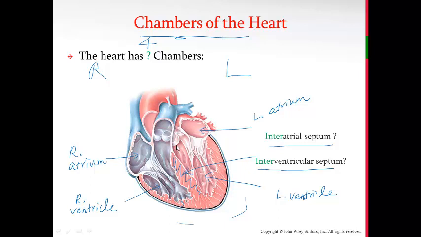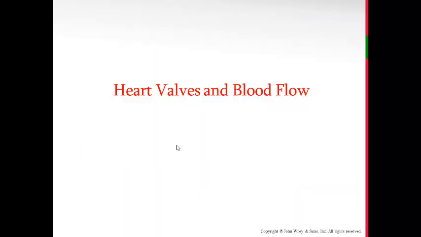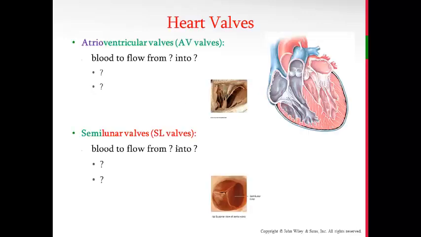Okay. Now let's take a look at our heart valves as well as eventually the blood flow. So we have, for instance, two sets of heart valves. Those that are the atrioventricular valves are abbreviated as the AV valves. They are the one over here as well as the one over here.